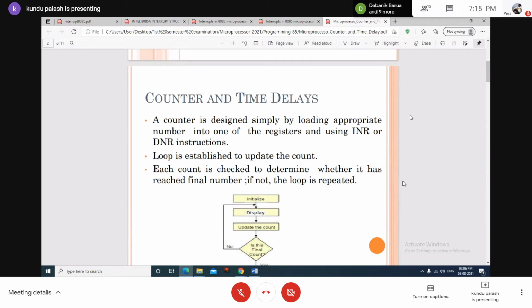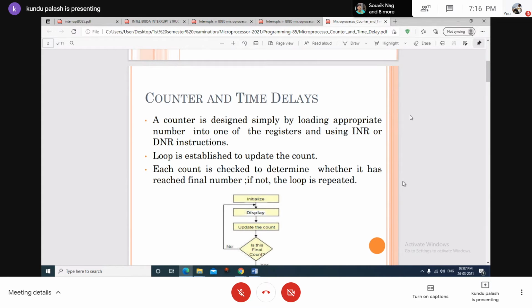Basically, it will count the number of occurrences of a timing event. Counter hardware is basically a flip-flop register, which may be synchronous or asynchronous, according to your knowledge of digital electronics. But with the help of the microprocessor, the counter can be implemented using a software program.